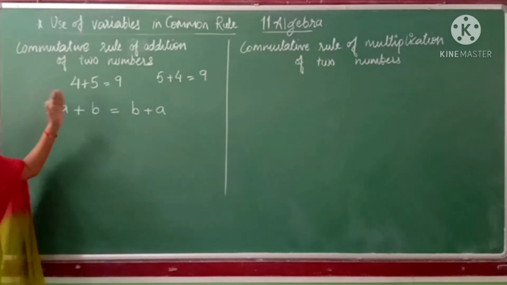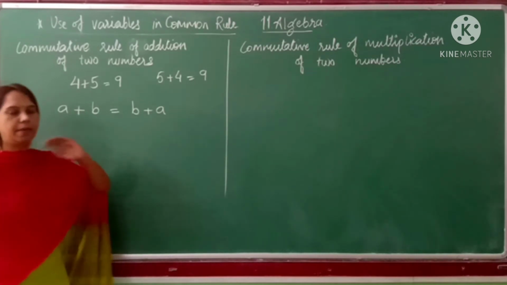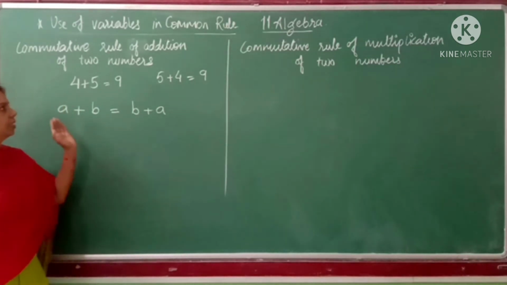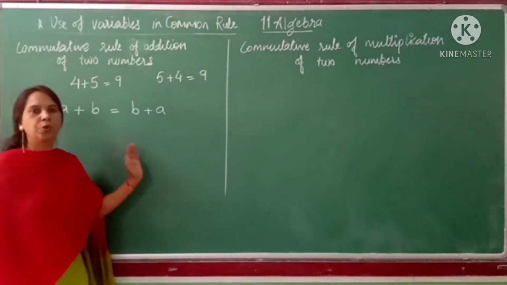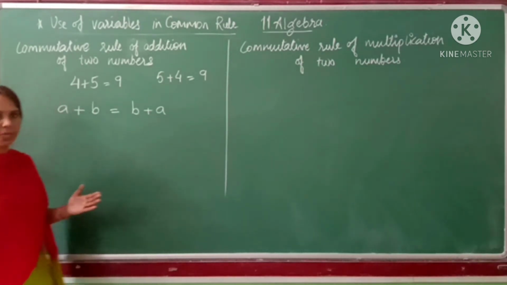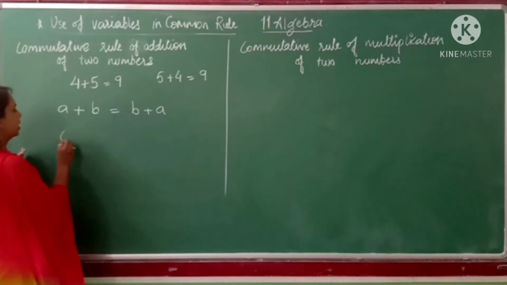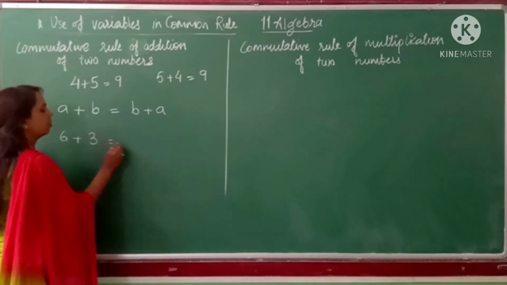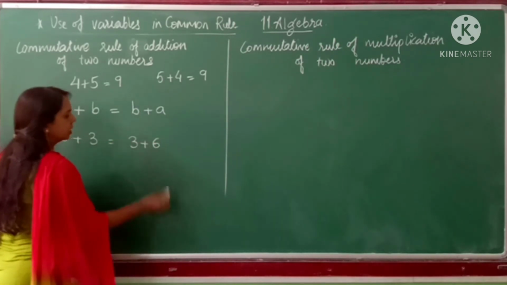The property is proved for whole numbers. You can write it as 6 plus 3 is equal to 3 plus 6.